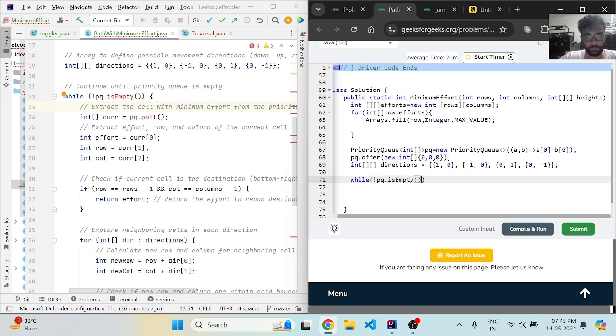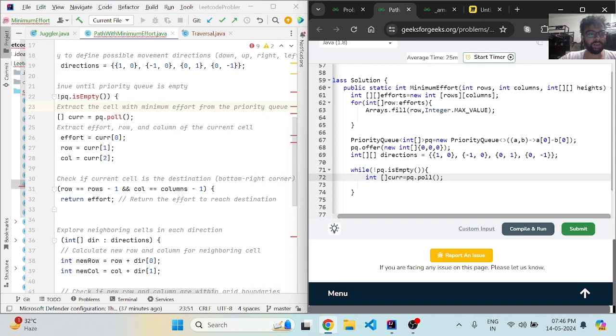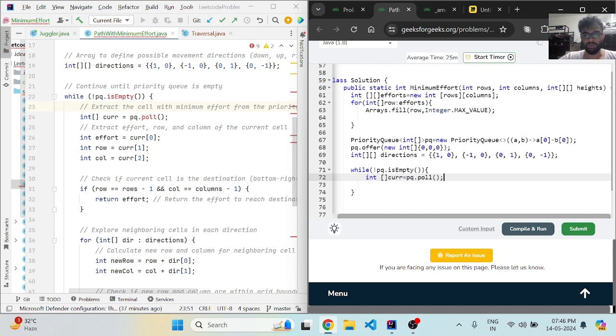In this while loop, I'm going to take a current array: int[] current equals pq.poll(). What is pq.poll() doing in this particular thing? It extracts the effort, row and column of the current cell.